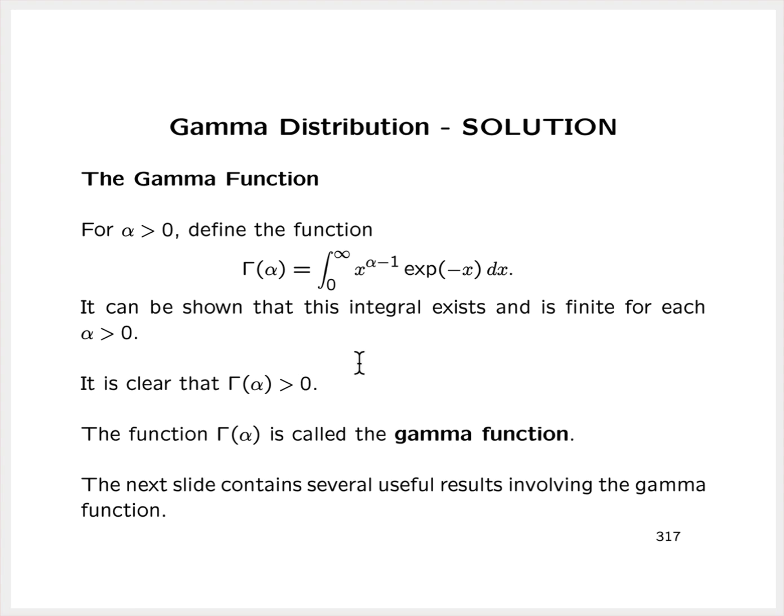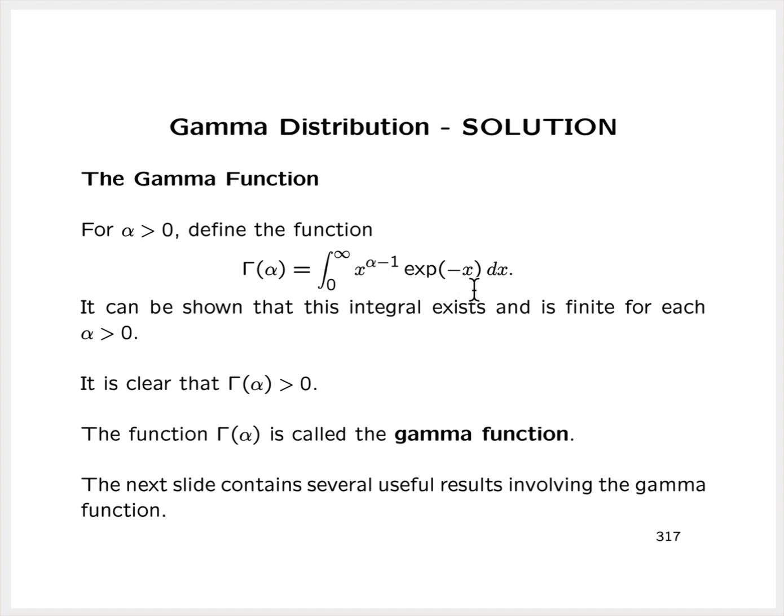I also want to point out that this function, the gamma function, which again is defined by this integral, is positive for all values of alpha that are greater than 0. And this is fairly obvious. The integrand here over the positive part of the real line, for values of x greater than 0, x raised to the alpha minus 1 is going to be positive.